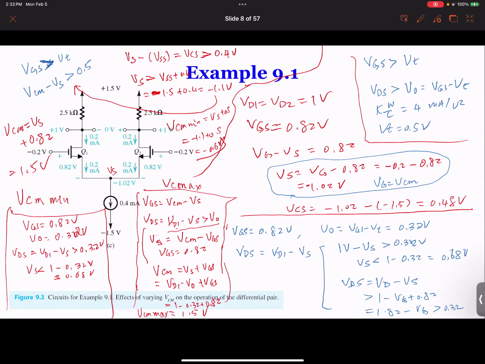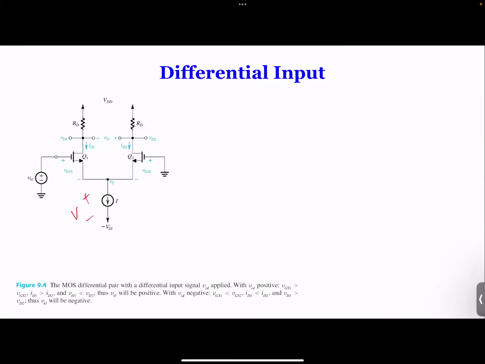If this VCS min is 0.4 volts, and this minus VSS is minus 1.5 volts, and this is 0.82 volts maximum, so the minimum VCM is minus 1.5 plus 0.4 plus 0.82.